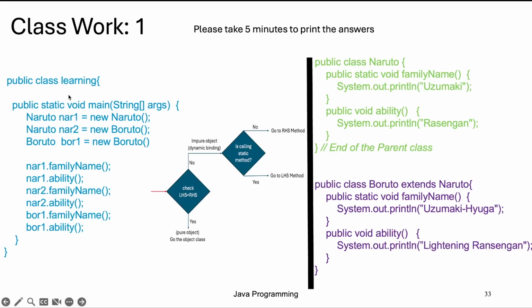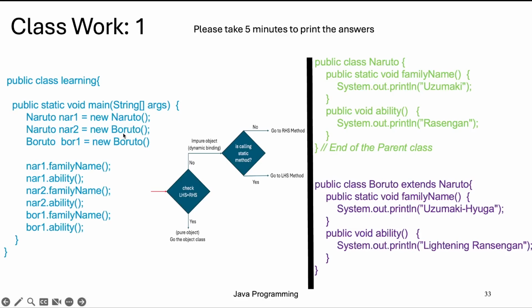So coming back to the assignment. Please observe that for nar1, the LHS and RHS are the same. So this is a pure object. For nar2, the LHS class and the RHS class are different.